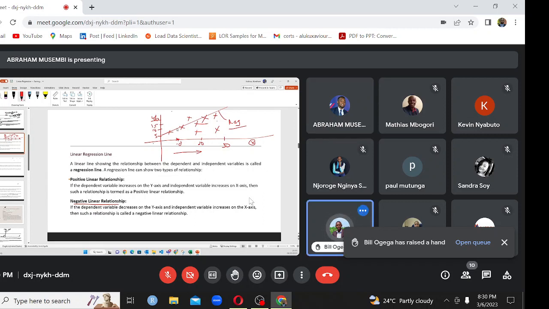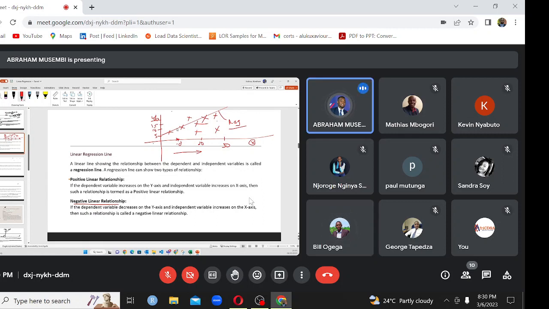Good evening. I think when we increase the value of x for the positive linear relationship, then the value of y increases. Of course, that's very correct. So a positive linear relationship means that when one variable is increasing, so does the other variable.